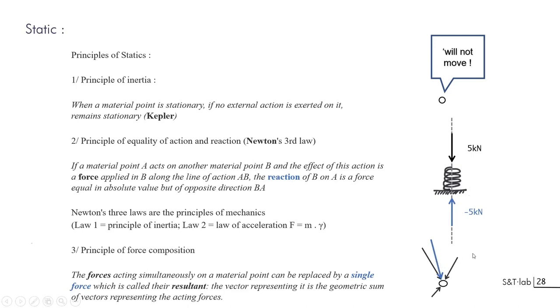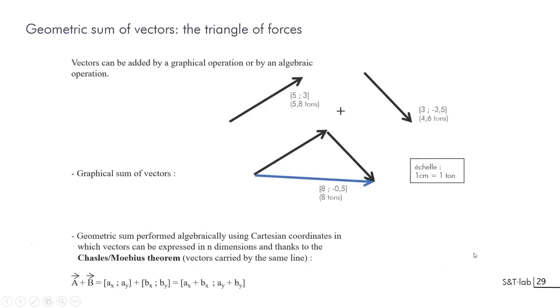To get the resultant force, you can use a simple construction based on adding the vectors: the start of the second arrives at the end of the first to get the resultant. Of course, you can also do it algebraically.